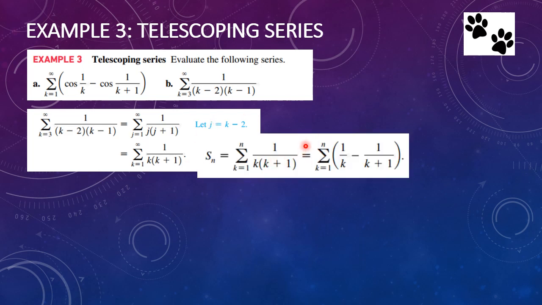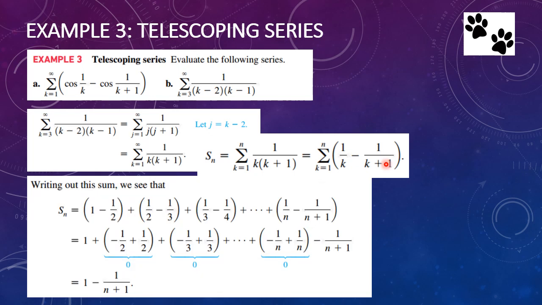That's this part here. And typically we'd like to separate these out, 1 over k minus 1 over k plus 1, so that we can see what's happening with the members. It's a little bit easier that way, and it's also easier typically to apply the limit as n goes to infinity. So again, we're going to expand this for a few members and see what's happening in the process.